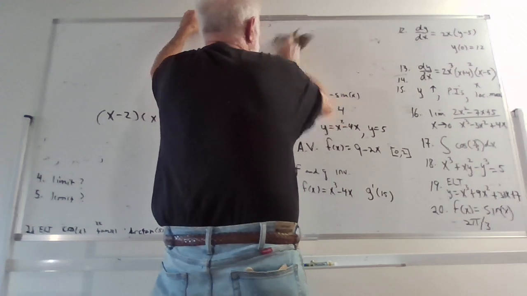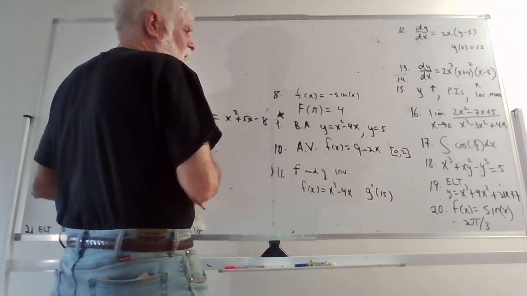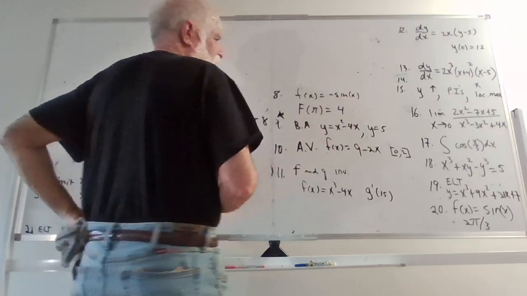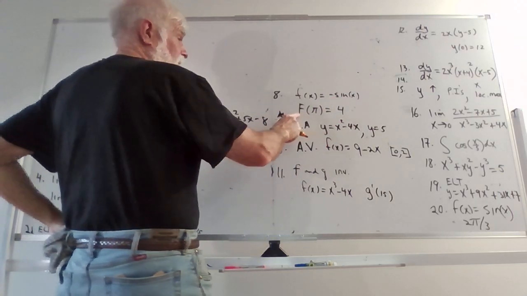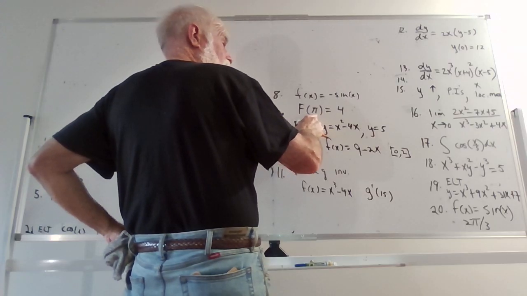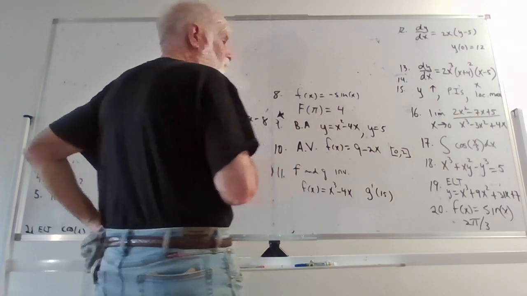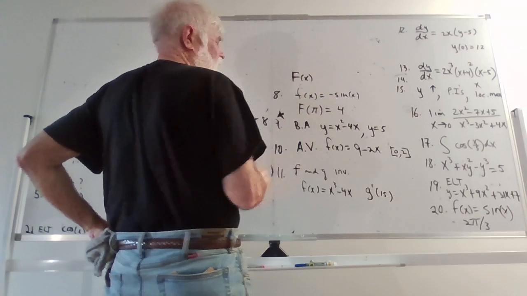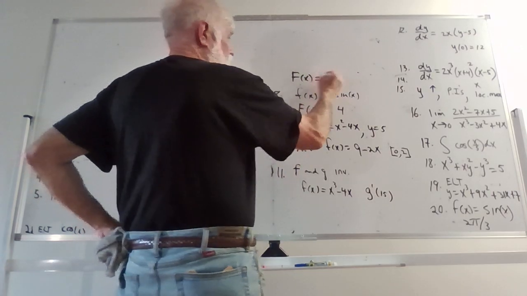Now I can start working right on top of this. So I'm giving you that the derivative of the function is minus sine x. We're going to find the function, and we're going to figure out how to make pi turn into the number 4. Well, whose derivative is the minus sine? That's the cosine.